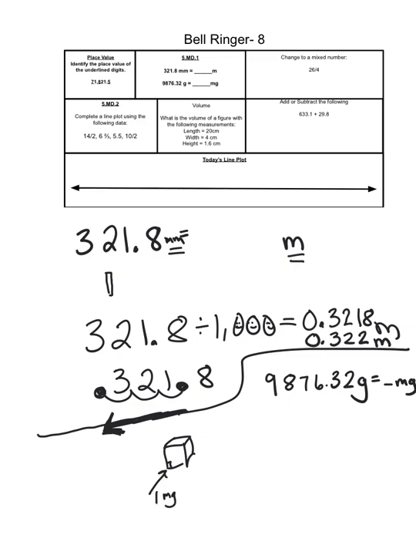So this is a case of horse to fly, multiply. Smaller to bigger, multiply. We're going to take our 9,876 and 32 hundredths times 1,000 milligrams in each gram.